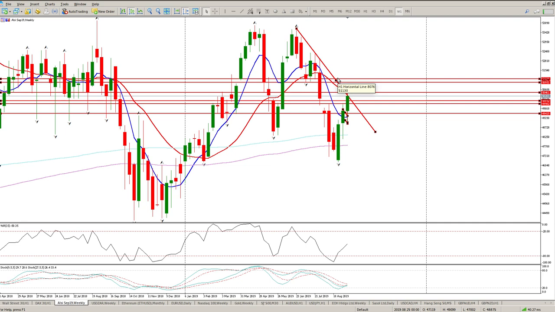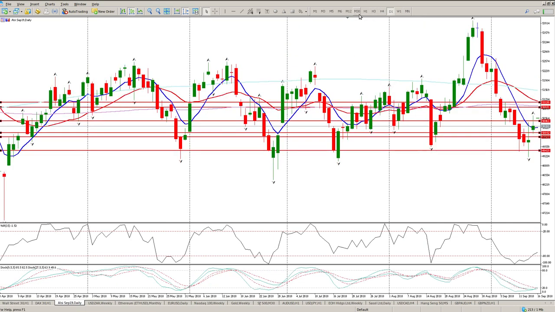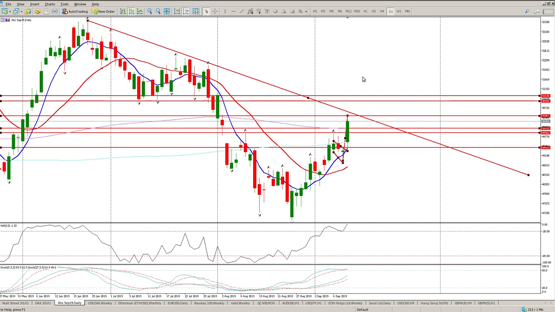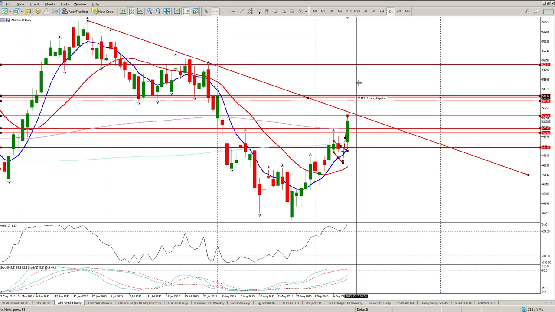So if we do start getting over 52.50, I would say. Let's just see if we can pick that level up on the daily. I don't see one on the weekly. Yeah, so I'd almost say my stop area is going to be there. Well, it's 1,000 points, so it's a bit rich.